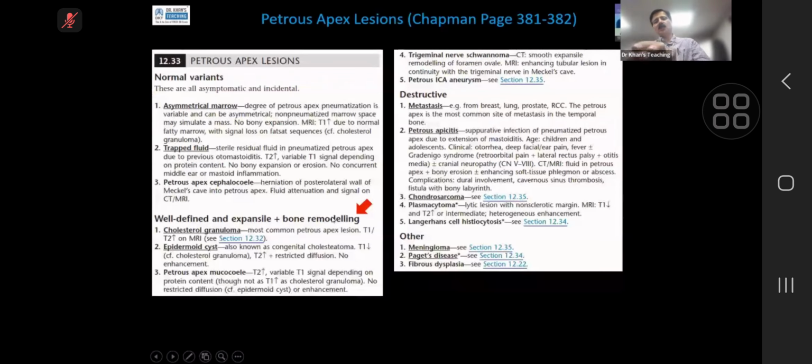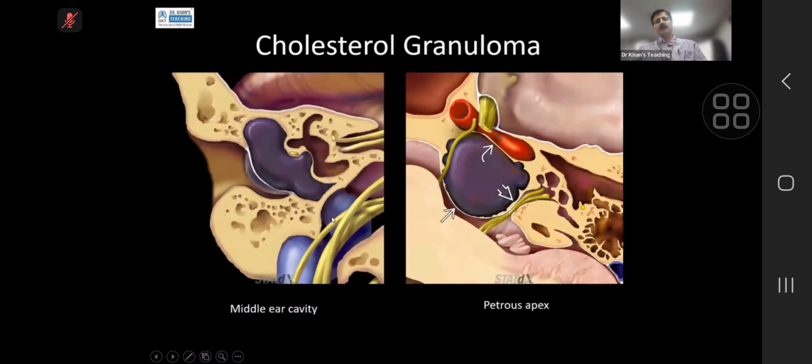So this is a cholesterol granuloma. What is a cholesterol granuloma? Basically, the pathophysiology is that cholesterol granulomas can be in the middle ear cavity, the mastoid, or the petrous apex when it is aerated.